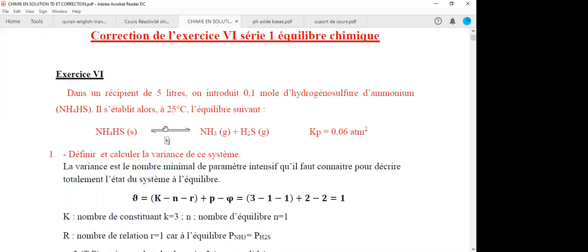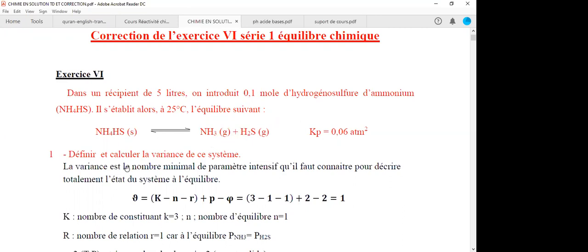Il s'établit alors à 25 degrés Celsius l'équilibre suivant. So here we've got a container which measures a volume of 5 liters. In this container, they've put 0.1 mole of this compound, which is called ammonium hydrogen sulfide, and these are the products formed. They're saying that when the temperature reaches 25 degrees Celsius, this is the equilibrium that is formed.